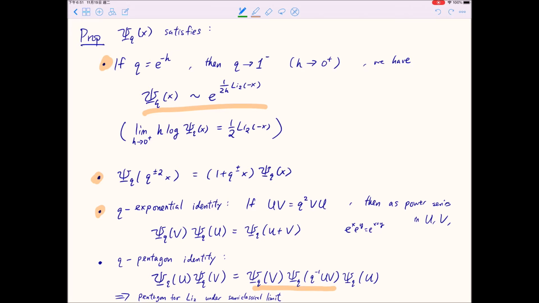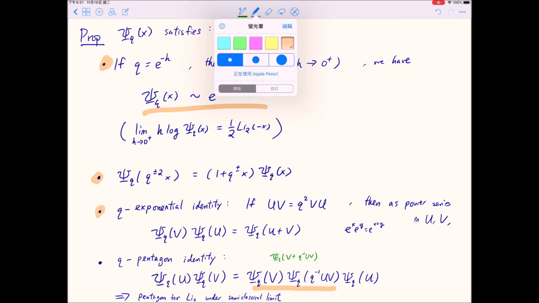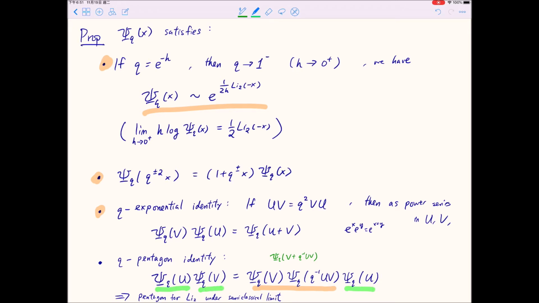So this actually can be written as the sum by the exponential formula, while the outside terms, the green part, can actually be viewed as a conjugation of the psi q v by psi q u. And because uv q square commutes with v, after you conjugate, you will get such a term here.